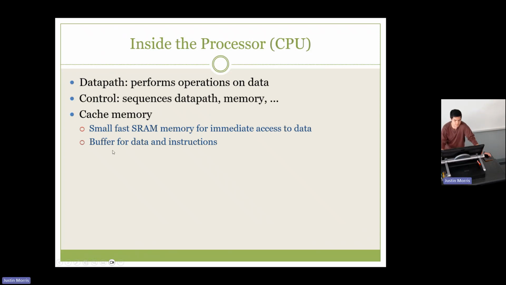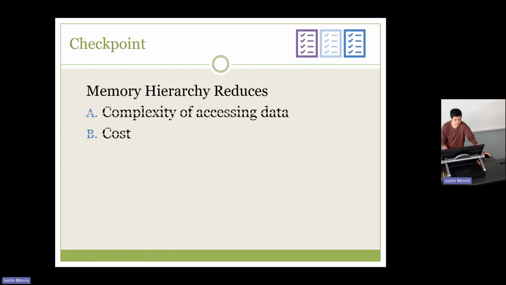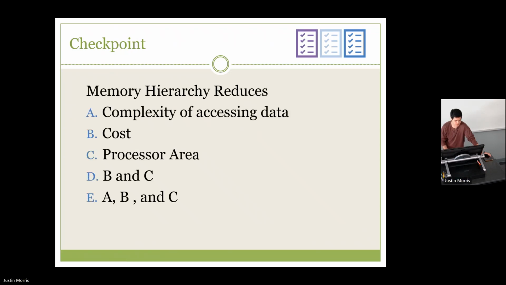And we use it as this buffer for our data and our instructions. So this is what our registers are going to be named from. And also where we're going to store the instructions. All right, so here's the next checkpoint. So again, answer on your own first.